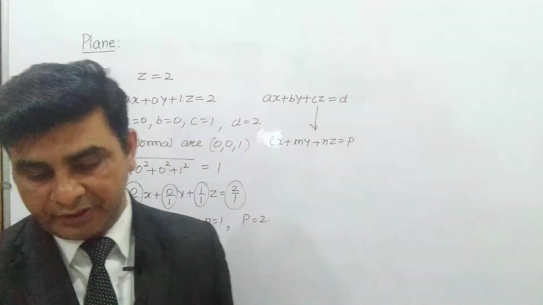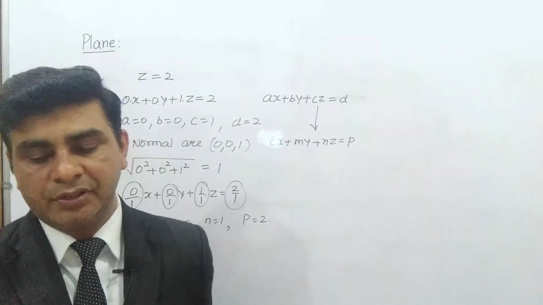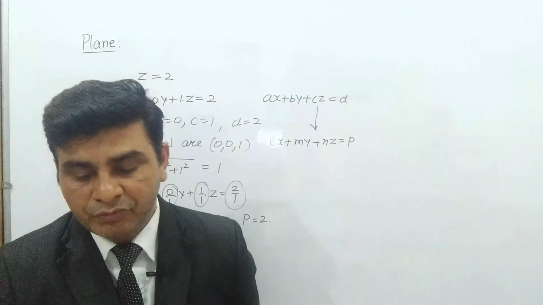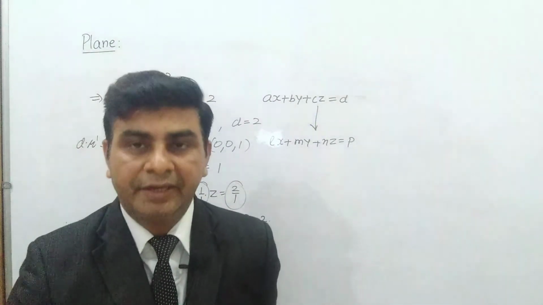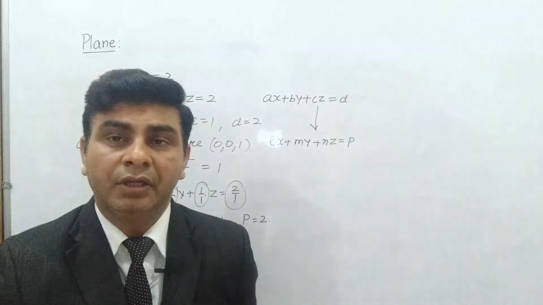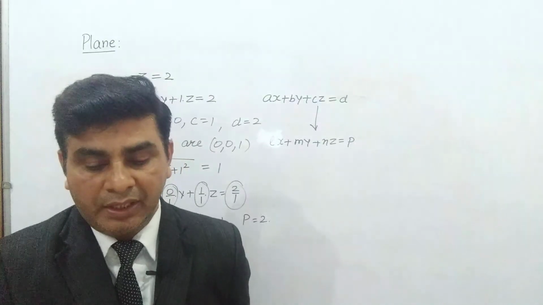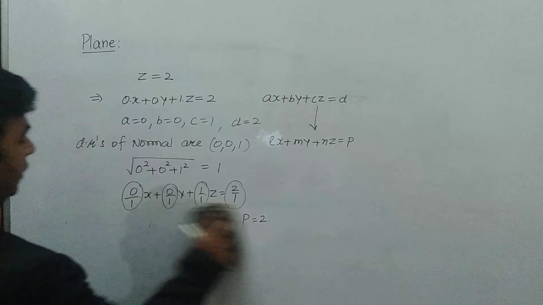Second question, children, says: find the vector equation of a plane which is at a distance of 7 units from the origin and normal to the vector given to you. We are given the distance from the origin and the normal vector. So let's see how can we do this question.